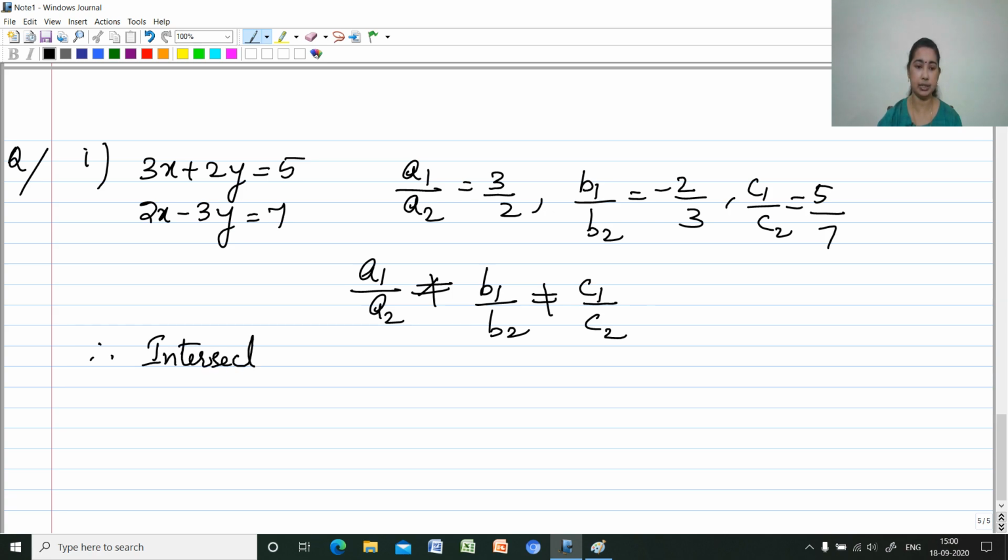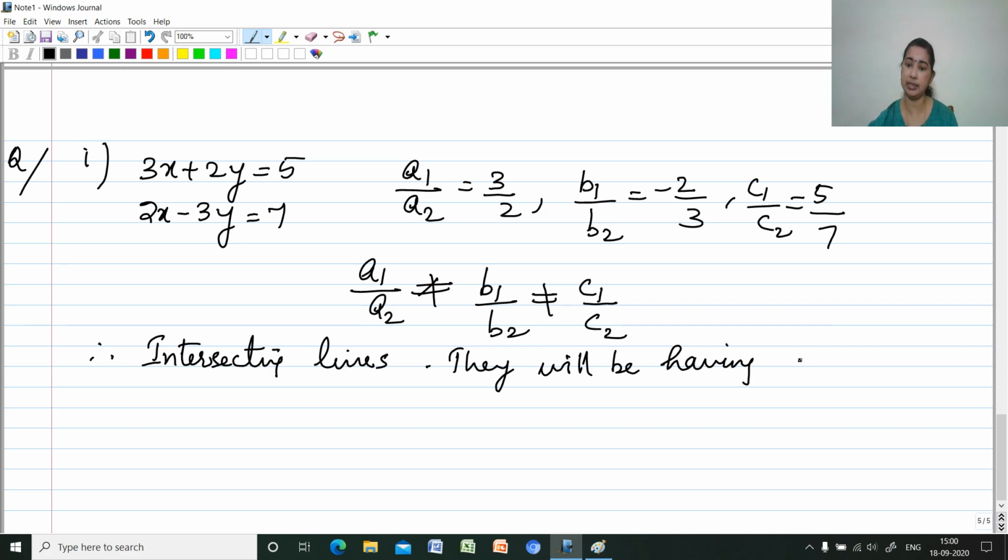And if they are intersecting, they have a solution. They will be intersecting at a point, so they will be having one solution, and therefore they are consistent.